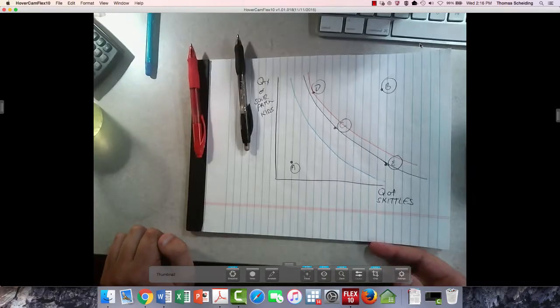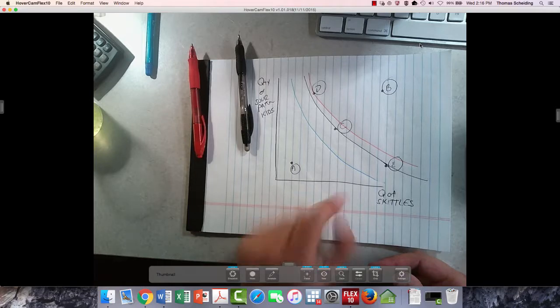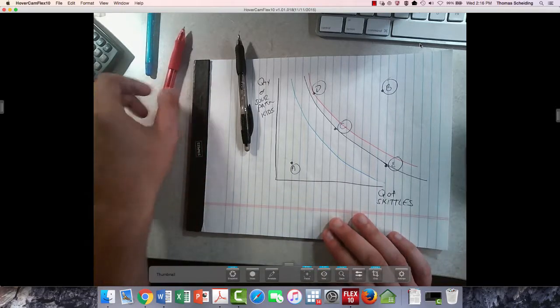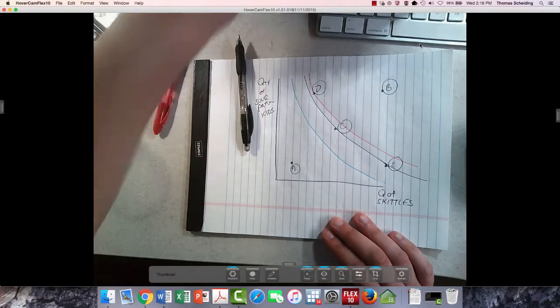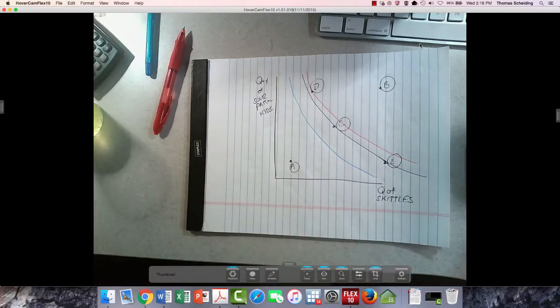We can imagine multiple lines existing here, and these are my indifference curves. And now what we add to this is a budget constraint.